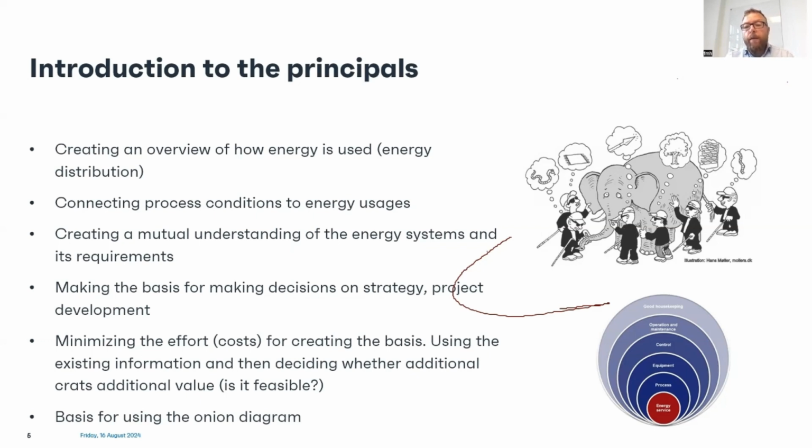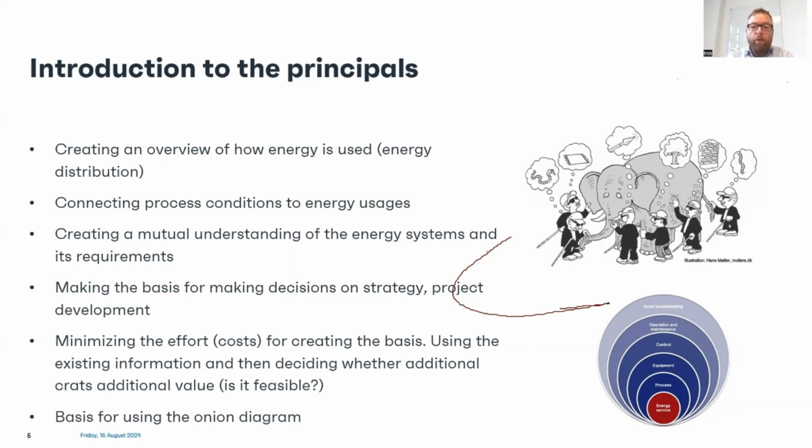Then I don't know if you are familiar with this onion diagram, and it might be kind of hard to read, but the principle of the onion diagram is that when you're doing any energy optimization, it is important to first focus on the actual energy service. And what is the energy service?